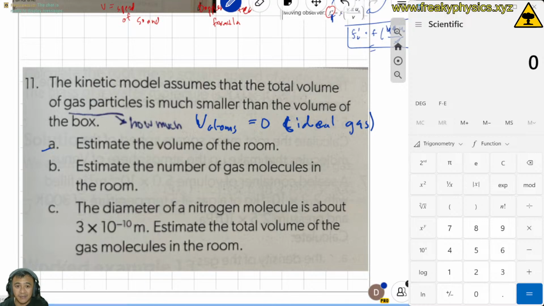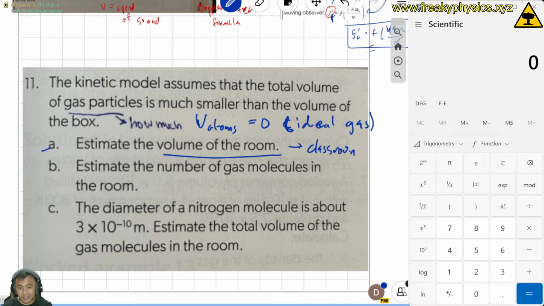Are we talking about the room you're in, or are you given a particular room with dimensions? I think we have to estimate a room. Okay, all right. An average room would have what dimensions on average? Let's say a classroom to make it easier, more standard. So in this case, a classroom.